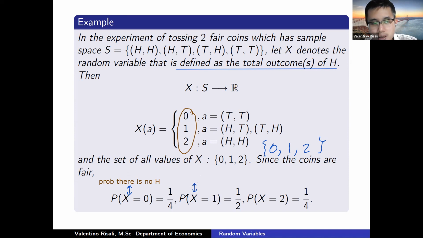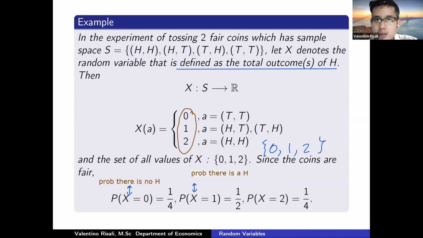And the notation P(X = 1) corresponds to the probability that the number of heads is 1, and so on. For 2, it means the probability that there are 2 heads.